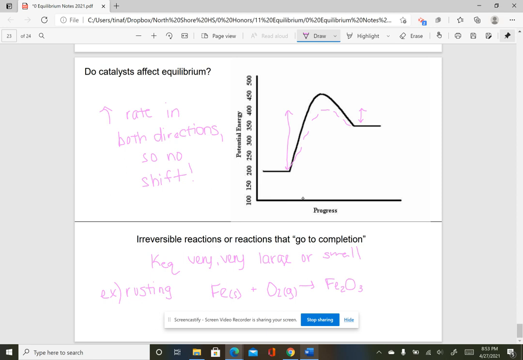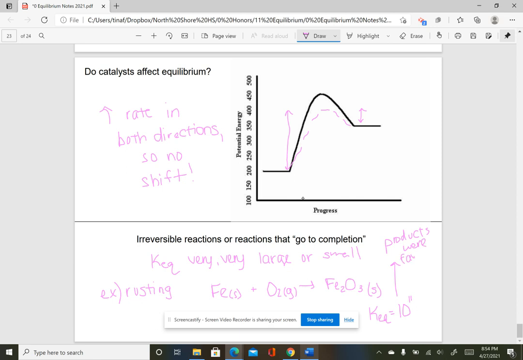Now, this equation is not balanced. I just want you guys to know, I know that. Now, the KEQ for this equation is 10 to the 11th power. It's a huge number, which means when I did products divided by reactants, my products were much greater than my reactants.